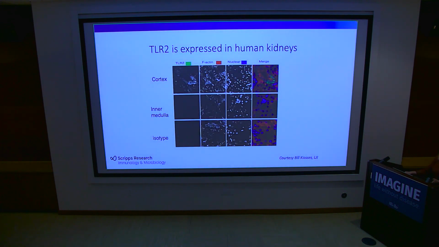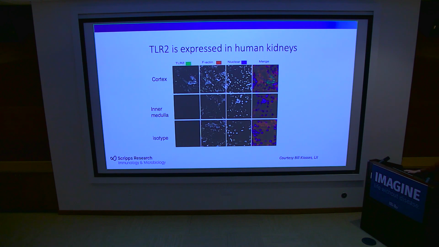Then we asked whether it's present in human kidneys. We got these human kidneys through nephrectomy specimens: we'd go to the operating room, wait for the urologist to hand the kidney to us. These would be kidneys removed with renal cell cancer, and the area distal to the renal cell cancer could be used because that's really normal tissue.